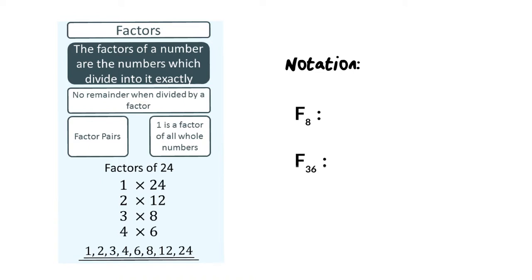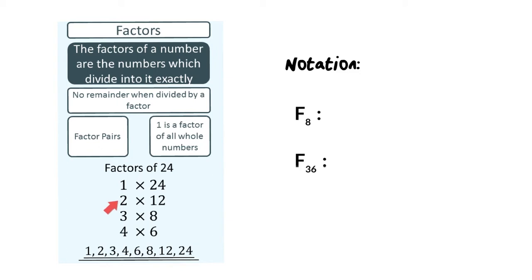The factors of a number, on the other hand, are numbers that divide exactly into it, without a remainder or a fractional answer. In our example here, we can have a look at the factors of 24, and in this case they've used factor pairs. Factor pairs are basically two numbers that when I multiply them together give me 24. It's a very good idea to start with your smallest number like 1, which is obviously then multiplied by 24.